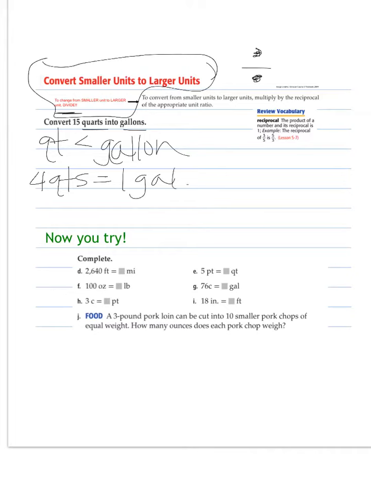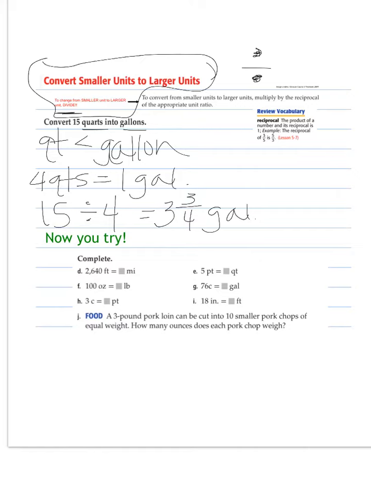And if I have 15 quarts, I'm going to divide it by 4, because I'm basically dividing it into how many gallons, and 1 gallon equals 4. So 15 divided by 4 equals 3 3/4 gallons. Labels are very important.